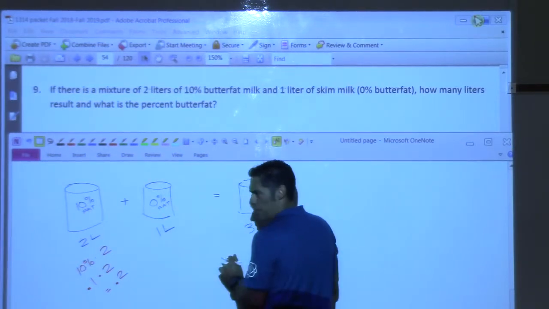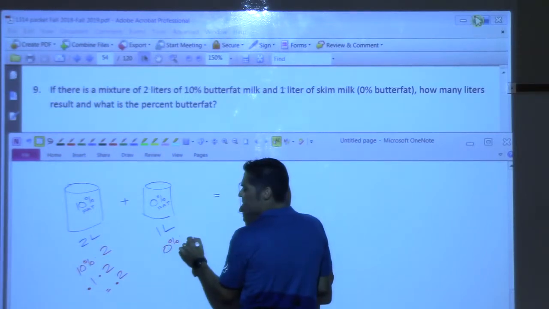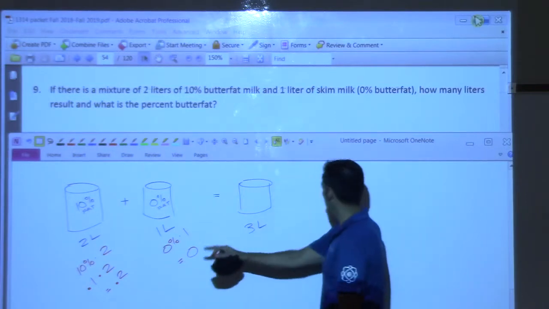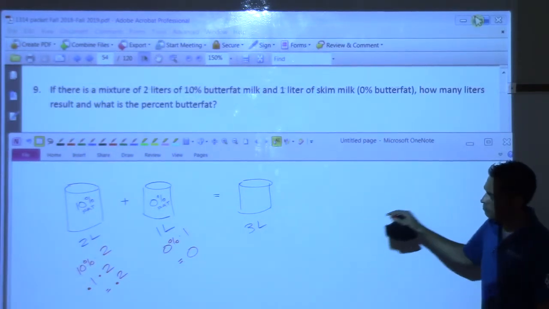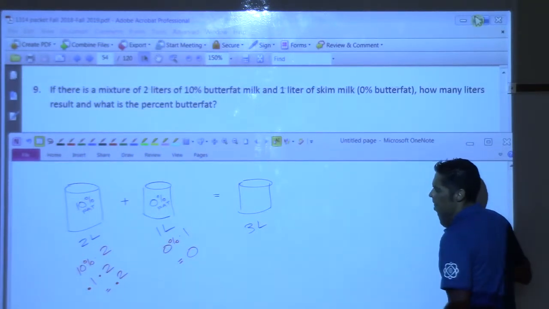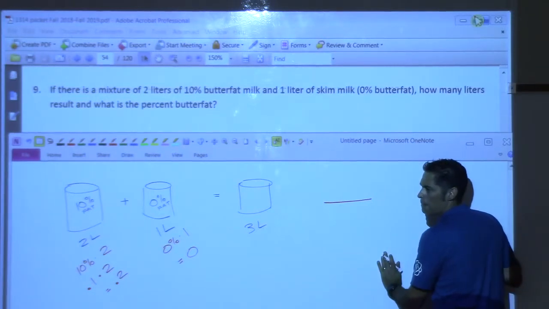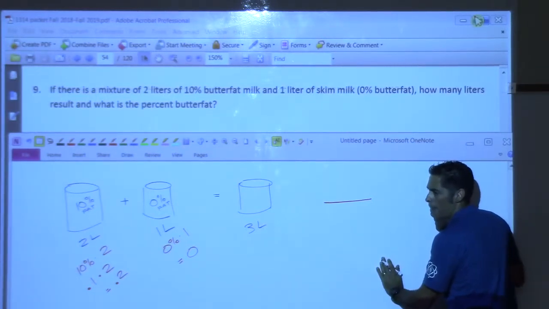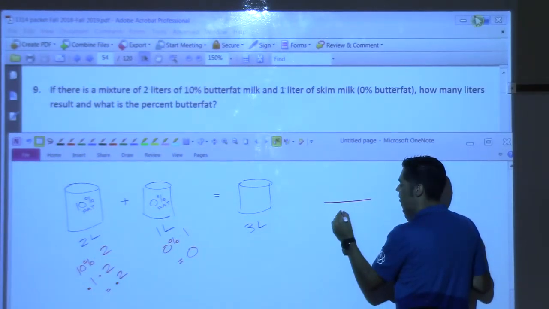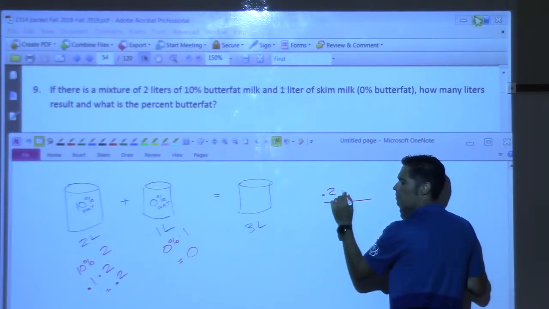Now here, same thing, right? So 0% times 1, but that's not going to matter. It's going to be 0. Okay, Becca, what do you do over here with that? The total liters, that goes on the bottom. Okay, so that's our 3 liters on the bottom. 0.2 plus 0.